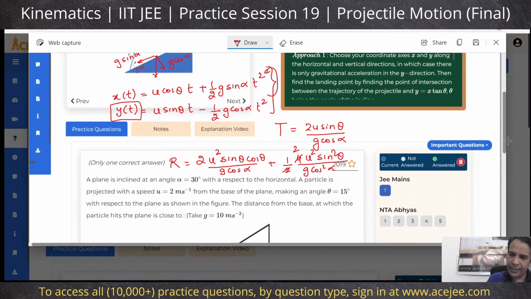We'll repeat the exercise. For the range, we'll take 2u square sine theta divided by g cos alpha out, and you are left with cos theta cos alpha plus sine theta.